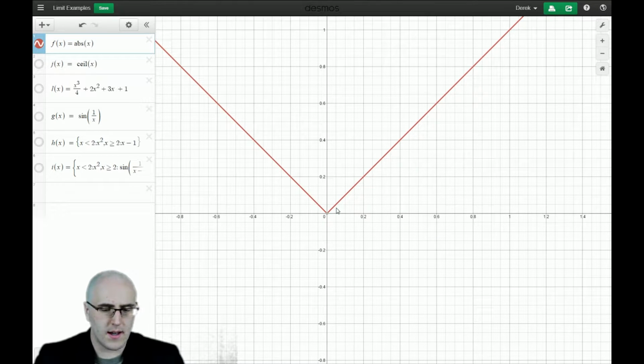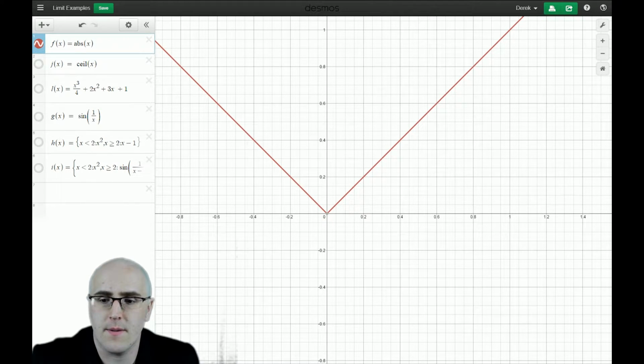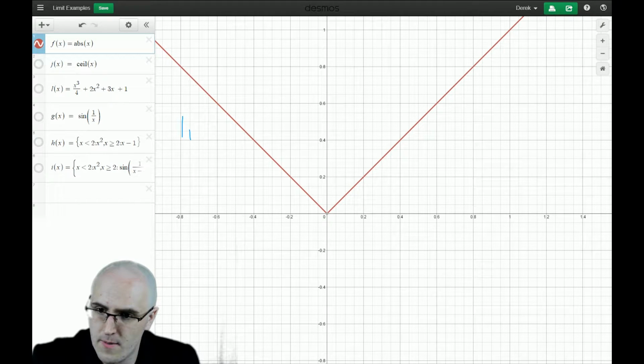This is part of the definition of the limit, which I'm going to describe to you now. The limit of a function is the value at which both sides of the function are approaching. So, I'll write this down.